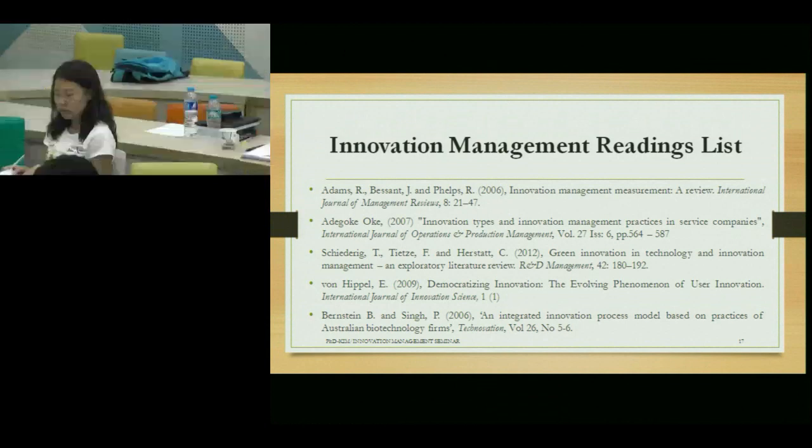From the first paper, I found four types of innovation: product, process, incremental, and radical. It's different. It's 2 dimensions and 2 levels, not 4 levels.